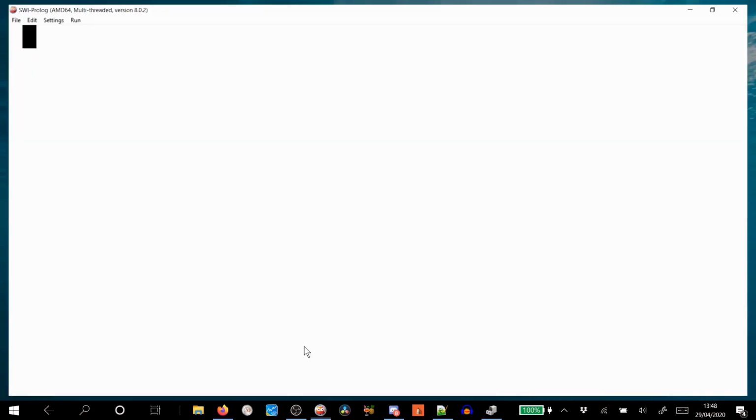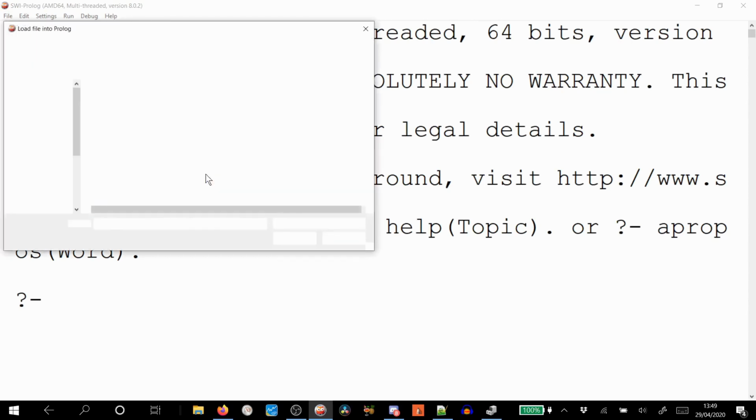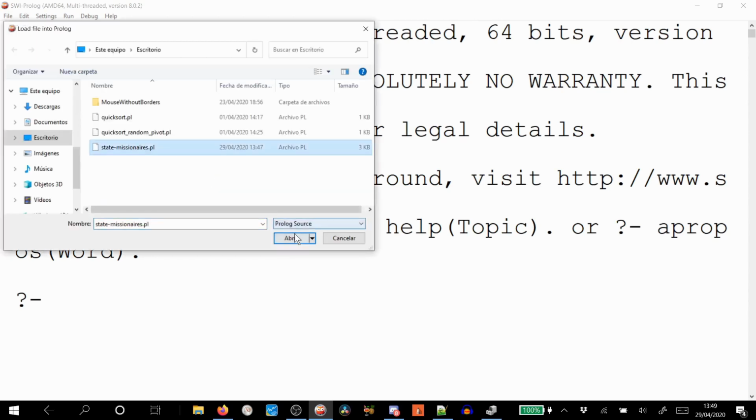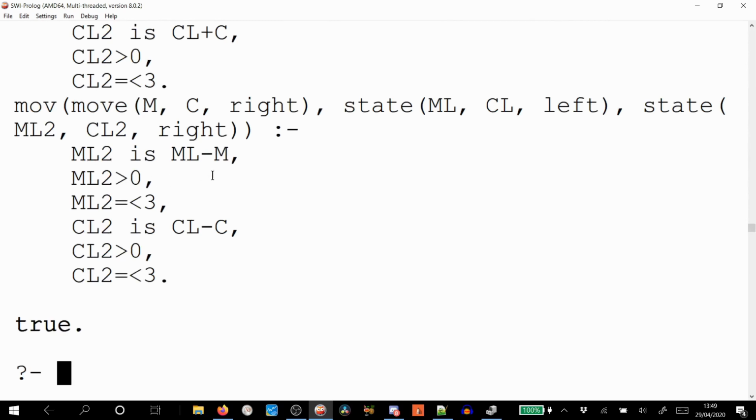If you see many errors in Prolog, it is a better option to close and open again, load again. Okay, there are no errors. Listing move. Now we have these new options, checking that we don't have negative numbers or numbers greater than 3. Perfect.